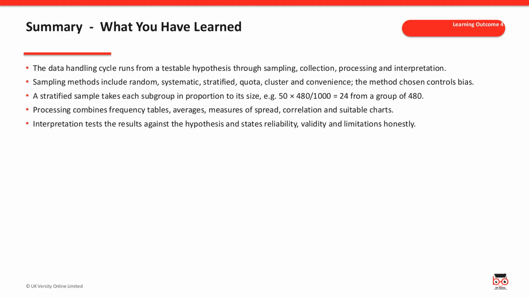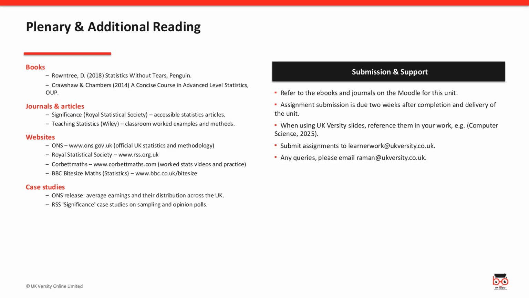Processing combines frequency tables, averages, measures of spread, correlation, and suitable charts. And interpretation tests your results against the hypothesis while stating reliability, validity, and limitations honestly. So that's the full statistical cycle, the framework that turns a question into a defensible conclusion.